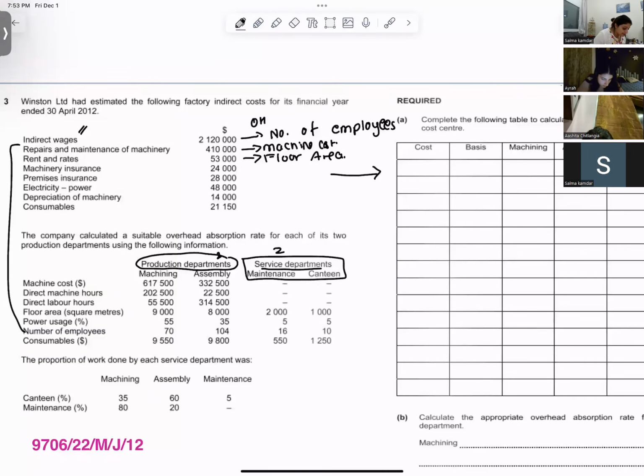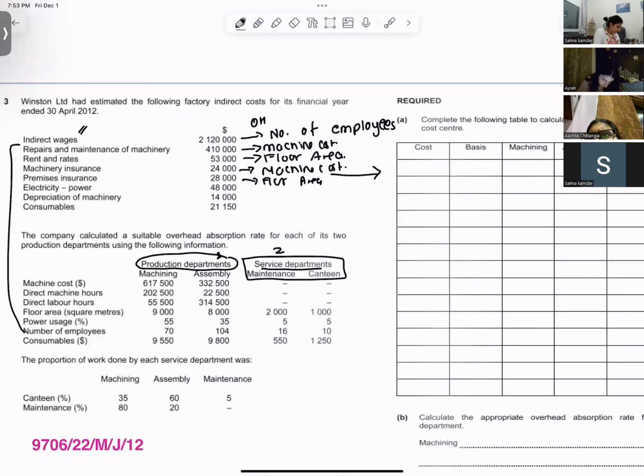Machine insurance: direct machine hours. Can I say the insurance would depend upon the costs? Yeah. So machine insurance would be upon the machine costs. Okay. Now tell me about premises insurance. Floor area. Premises insurance would be floor area.